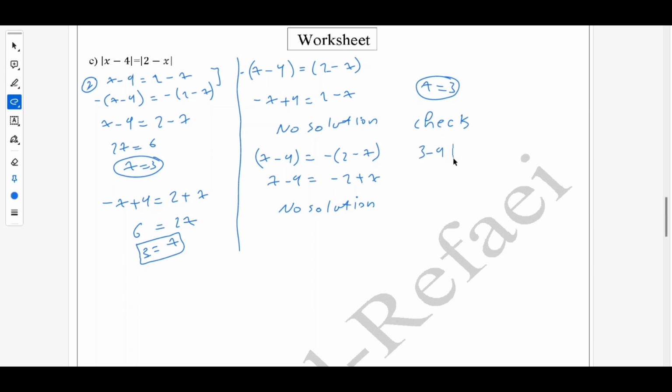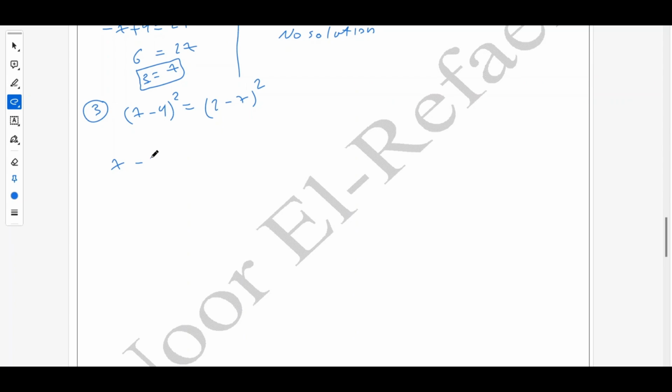Modulus of 3 minus 4, does it give me 2 minus 3? 1 equals 1. Let's move to the third way, the squaring way. x minus 4 squared equals 2 minus x squared. x squared minus 8x plus 16 equals 4 minus 4x plus, sorry, this is x squared, plus x squared.